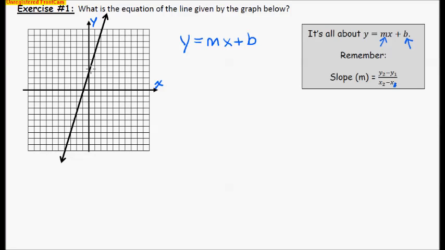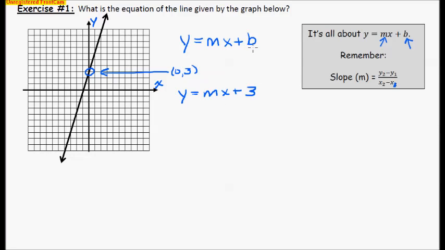And if I look at this point right here, that line crosses the y-axis right at the point 0, comma 3.